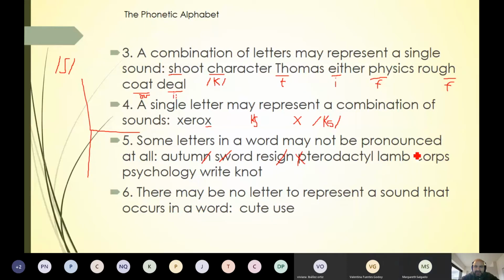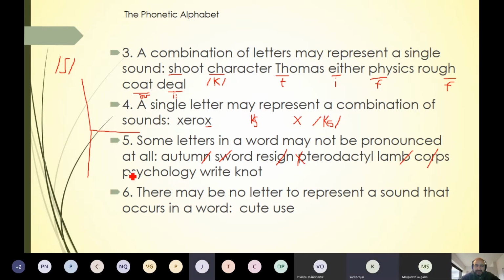B. Okay. And here? I don't know. Anyone knows? Letter R. This one? Yes. Okay, thank you. What about this one?